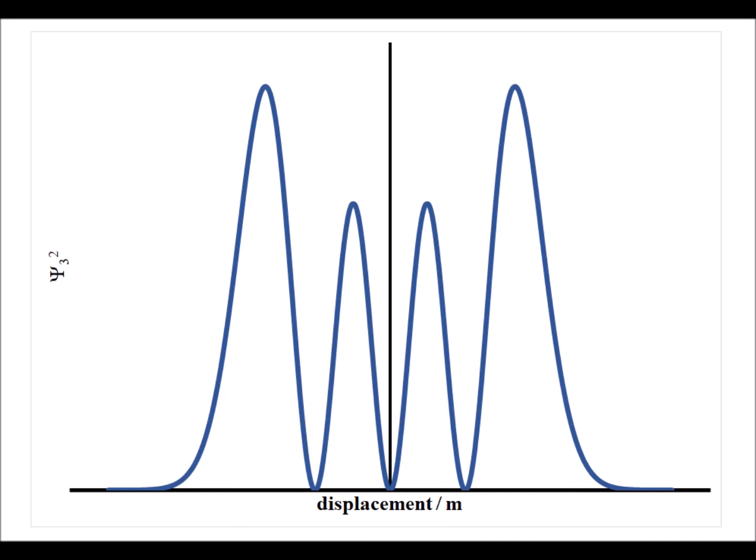And here we have the probability density for eigenfunction psi sub 3.